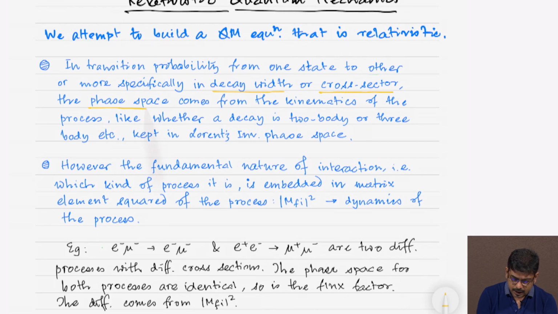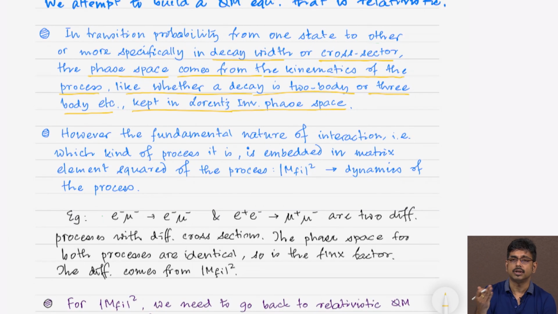One is the phase space, which comes from the kinematics of the process, like how many final state particles and initial state particles there are, whether a decay is a 2-body decay or a 3-body decay, etc. That was written in a Lorentz invariant way, and that is what is called the Lorentz invariant phase space.